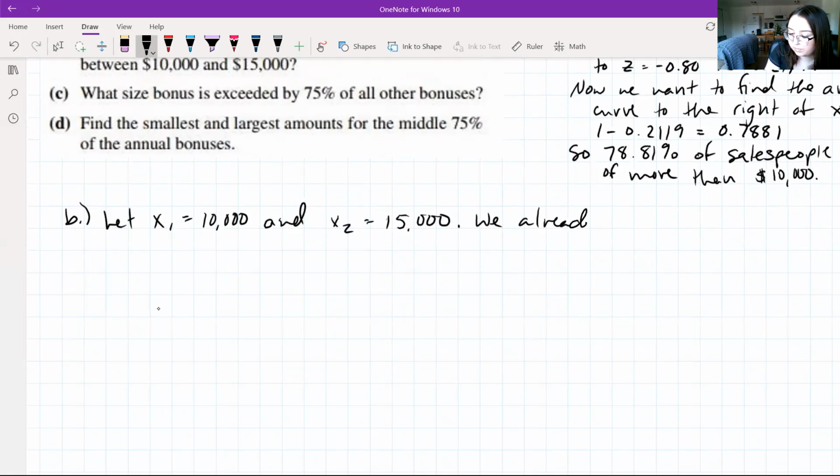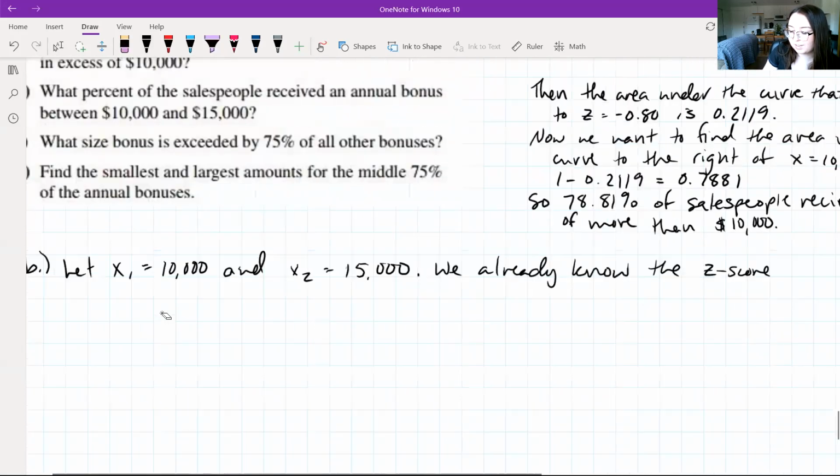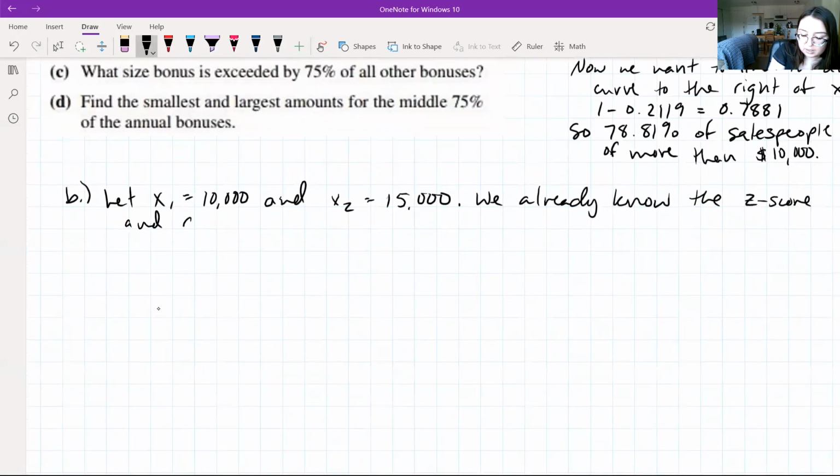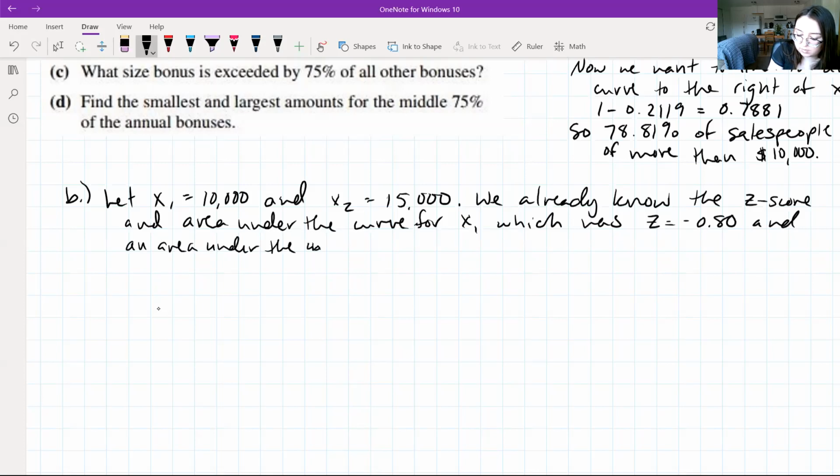We already know the z-score and area under the curve for x sub 1, which was z is equal to negative 0.80, and an area under the curve of 0.2119.